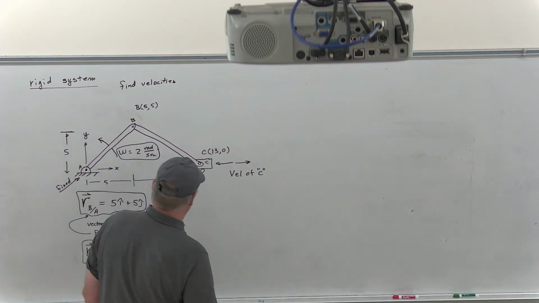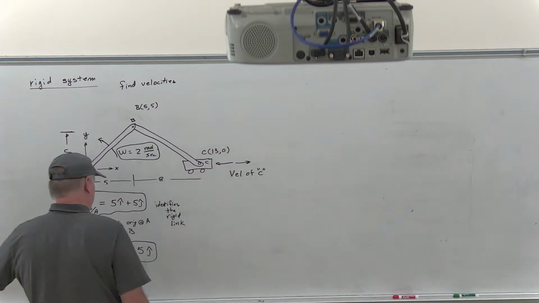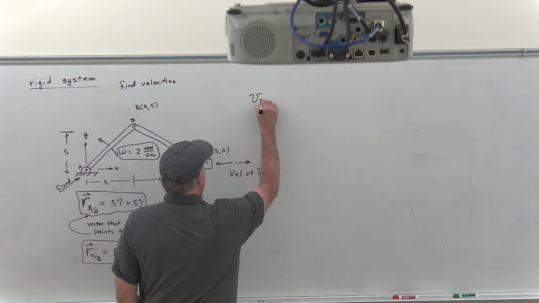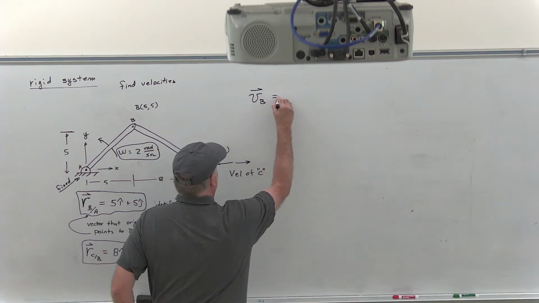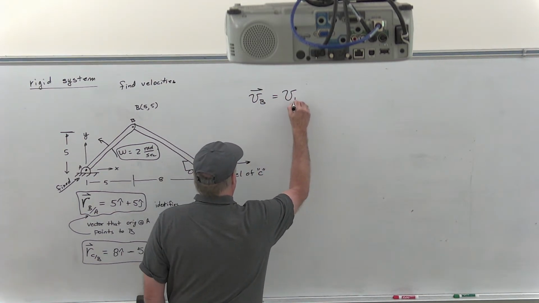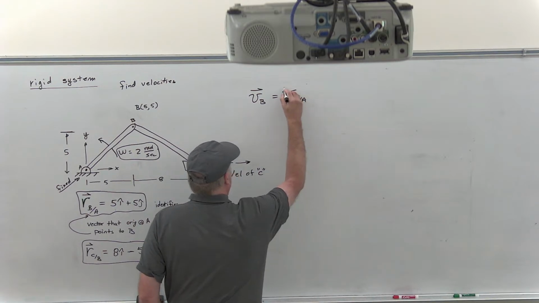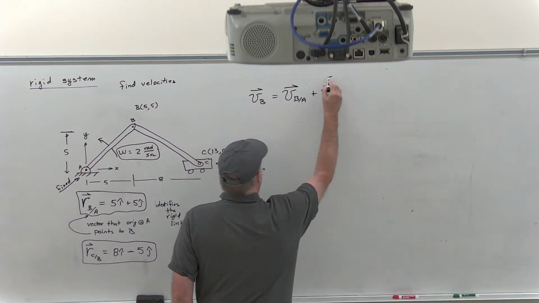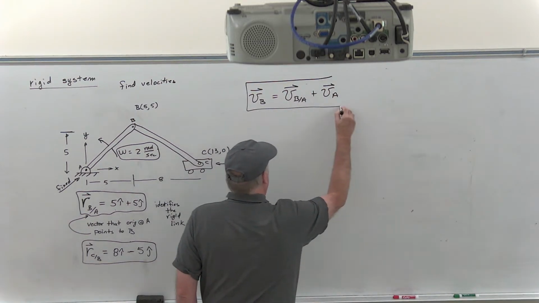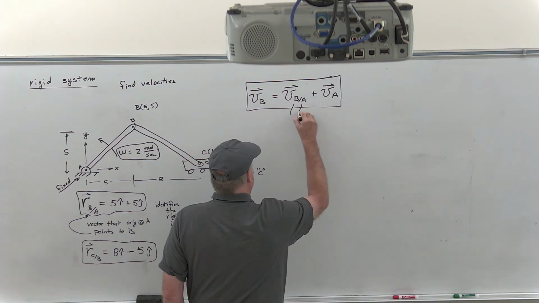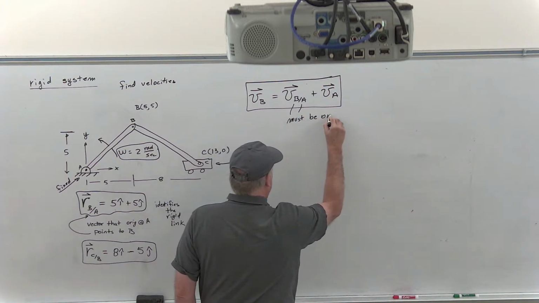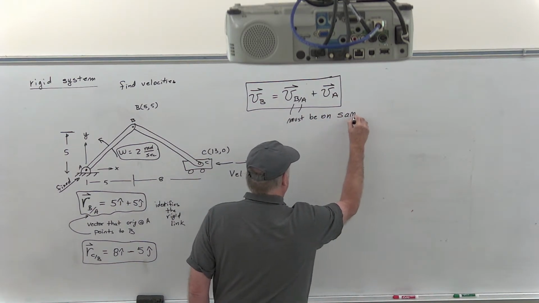So, how do we do this? Well, we walk down the link. Here's the thing. Velocity of B relative to A plus velocity of A. Okay, now, these must be on the same link.